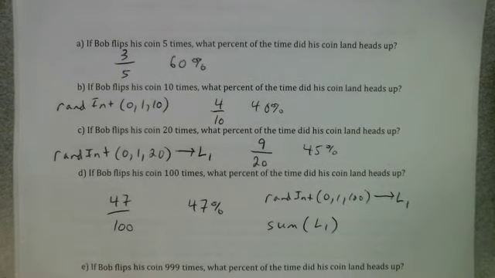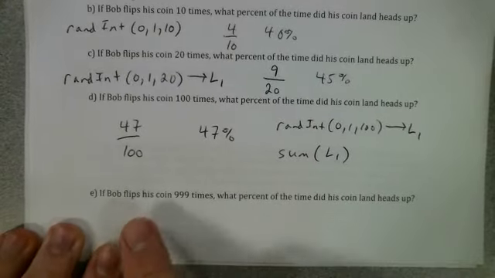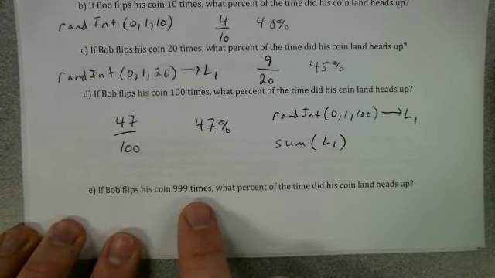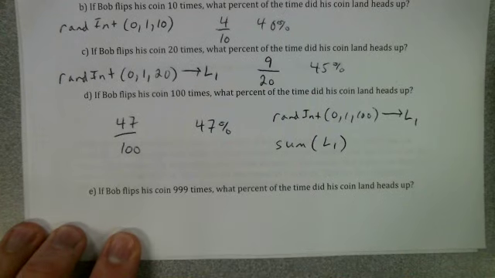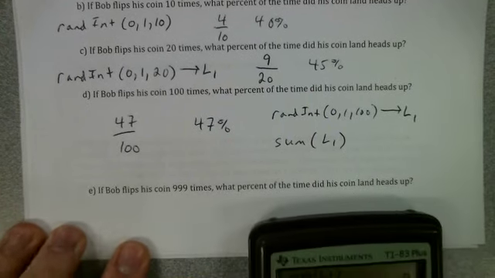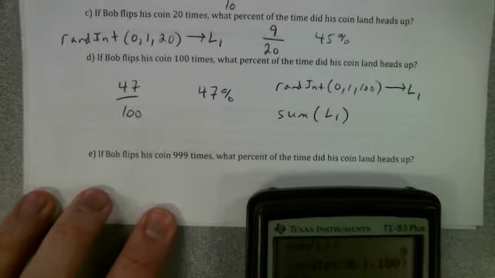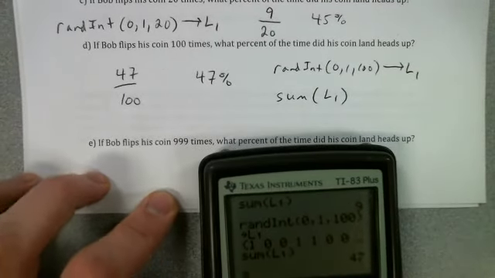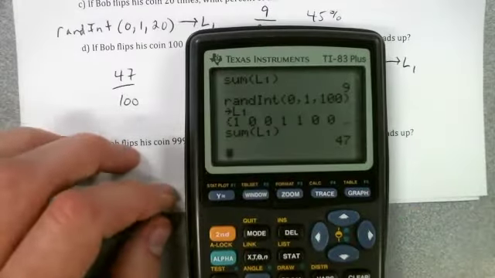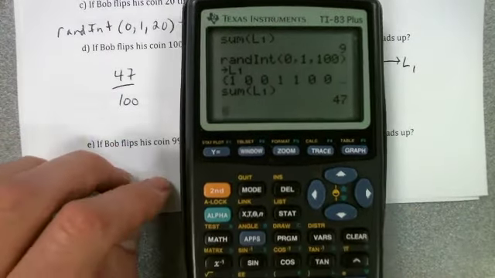All right. Now, if Bob flips his coin 999 times, what percent of the time did his coin land heads up? Now, I chose 999 because it turns out you can't store 1,000 data points in your list. You can store up to 999 though. Okay. So here's a quick trick. I'm getting sick of retyping all these commands.